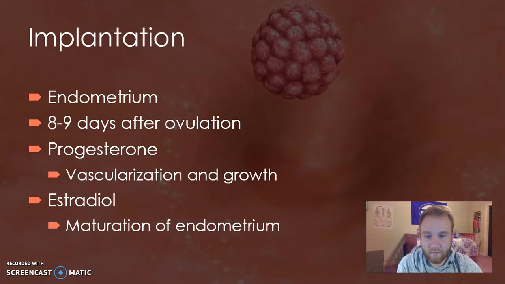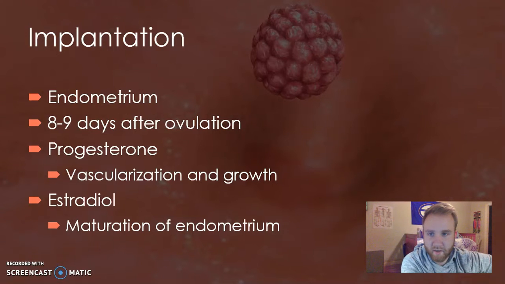Some of what I read said that progesterone is important in growing the endometrium, so the free-floating embryo in the uterus has a higher chance of implanting, because once it makes contact with the endometrium, then it will be implanted. If the endometrium is growing tremendously, there's more of a chance that it's going to come into contact.